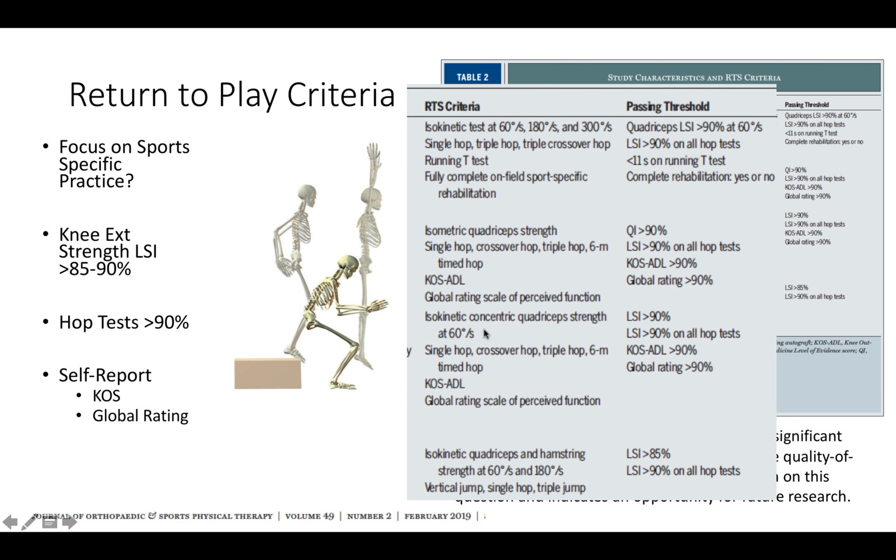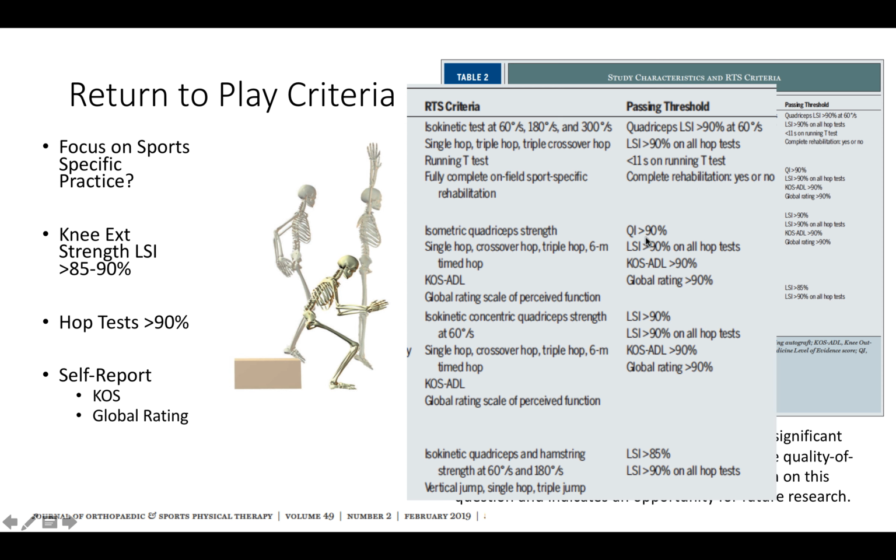Essentially, this is a close-up of the criteria itself, and we'll focus our attention on the right-hand side because these are the passing thresholds for the different criteria. We can see quadriceps limb symmetry index, hop tests, now a timed running test, whether they completed rehabilitation, so that's one set of criteria.